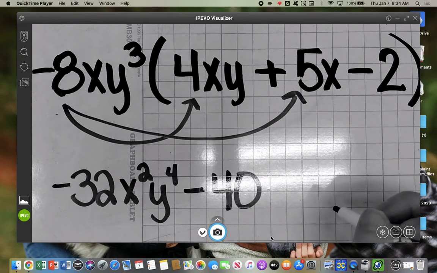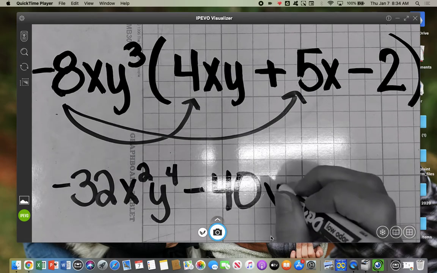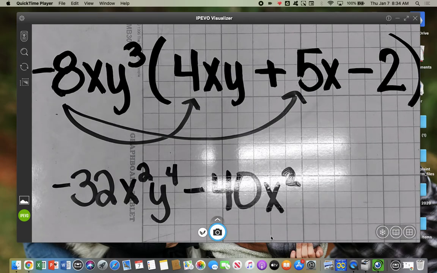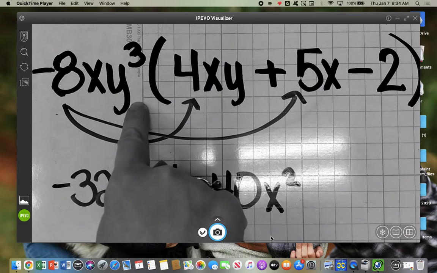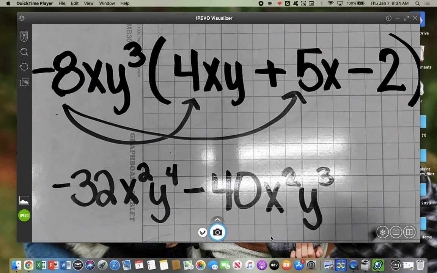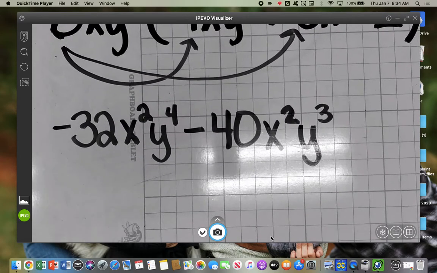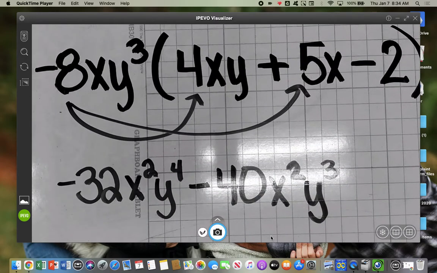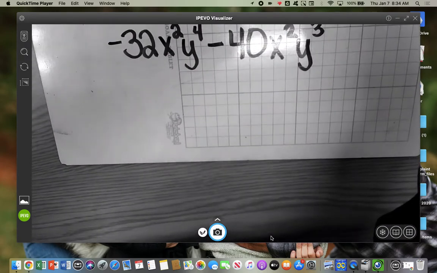Now what's my power for x? Yep, just squared. On this one we have a y, but we don't have a y here, so we just bring down that y cubed. I might have to zoom out a little bit.